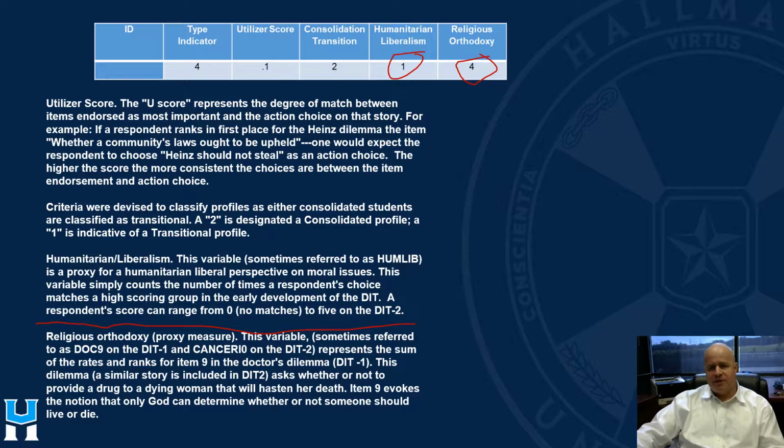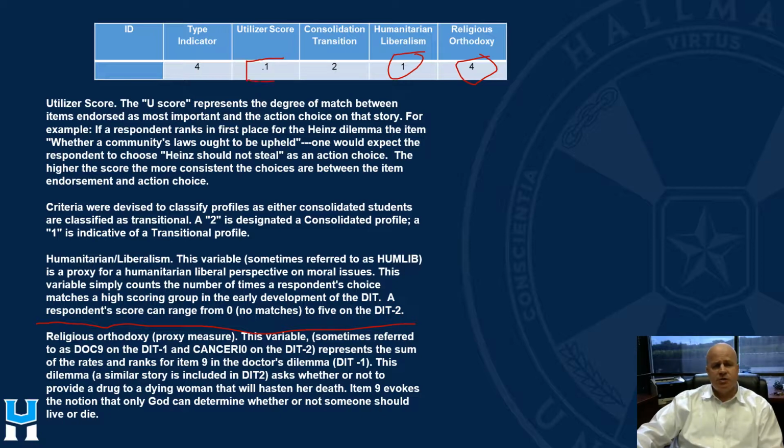So in this case, this individual is not matched up very highly with those high-scoring individuals, and that does match up with the fact that he's mainly in the maintaining norms scale. Religious orthodoxy is simply based upon one question, which is whether God should be the only one who determines when someone should die or not. And so this person is fairly high on the religious orthodoxy scale.